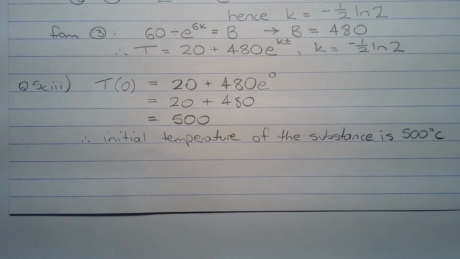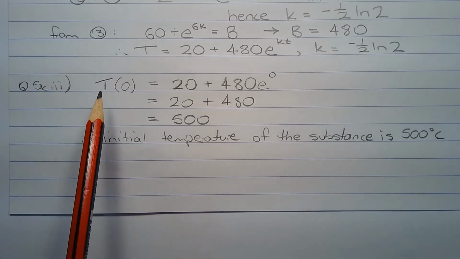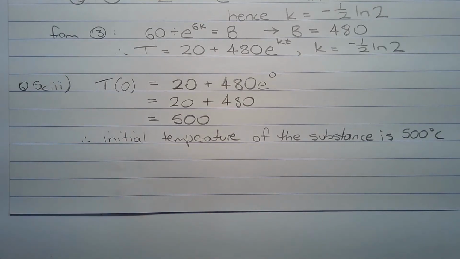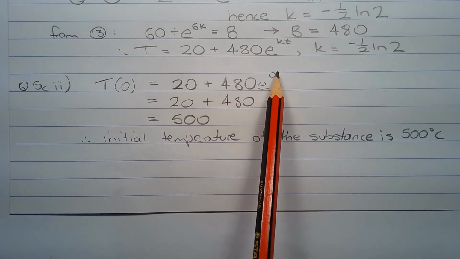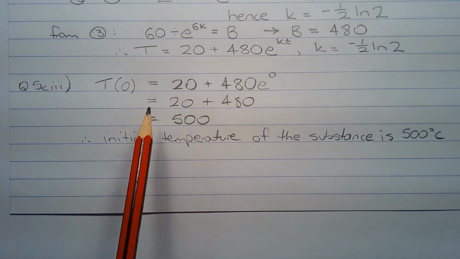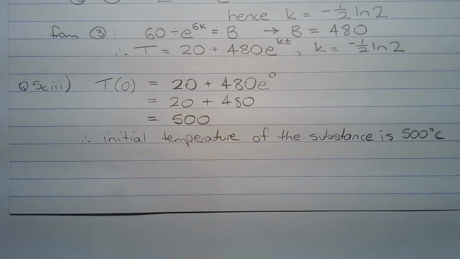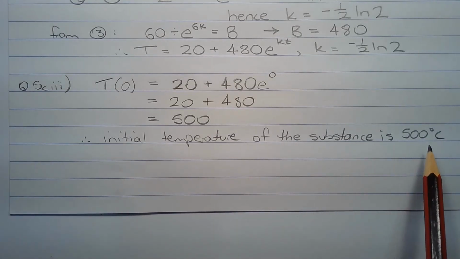So that's the temperature of the substance at time t equals 0. So temperature at time t equals 0 is equal to 20 plus 480 times e to the power of 0, which equals 20 plus 480, which equals 500. Therefore, the initial temperature of the substance is 500 degrees Celsius.